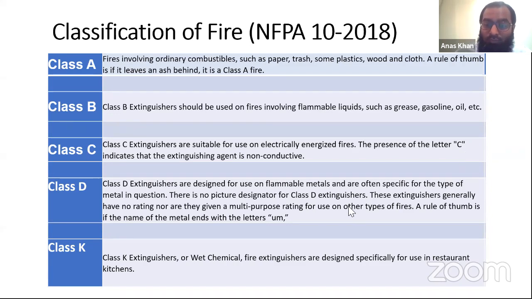Yes, Atif. Yes, Rushdi. Because CO2 is a gas in a cylinder. So usually they don't.